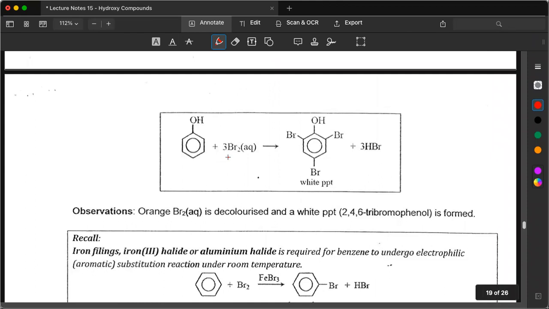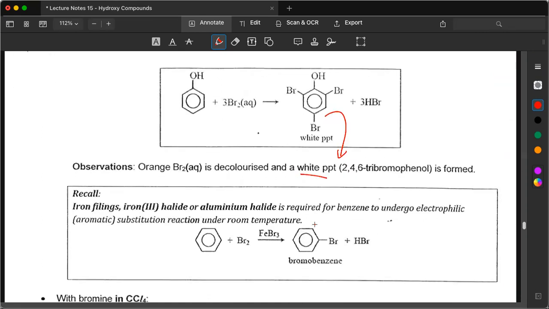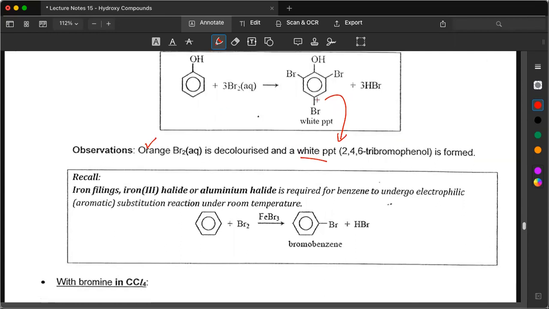If we add orange bromine, it will be decolorized and a white precipitate of 2,4,6-tribromophenol will be formed. So these are the two observations made: the orange Br2 is decolorized and the white precipitate forms.